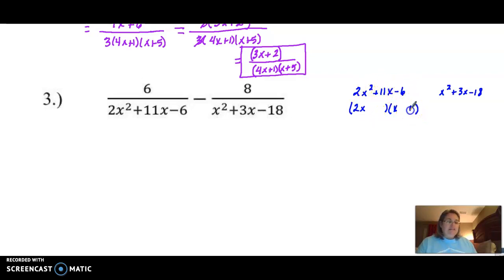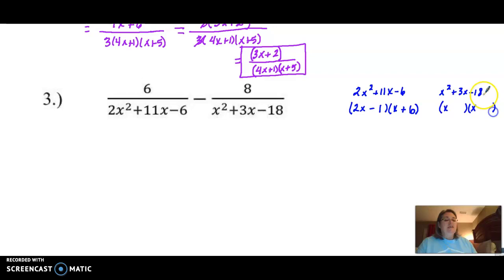I want my 6 to be over here with a 1 so that I get 12, and 1 will give me 11 if my 12 is positive and my 1 is negative. And then that will also give me a negative 6. Okay, and then just like before, handy dandy eraser. We can erase that, and then we can go on to factoring this one.